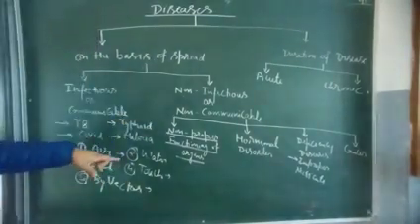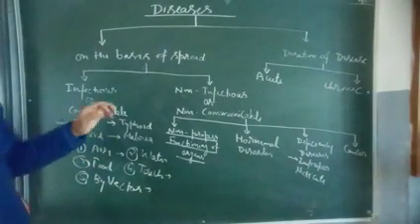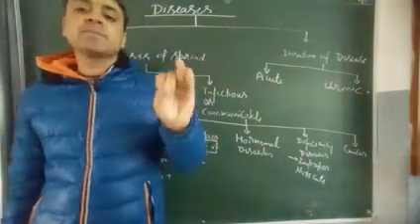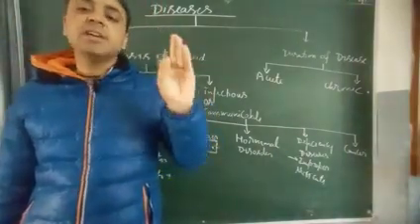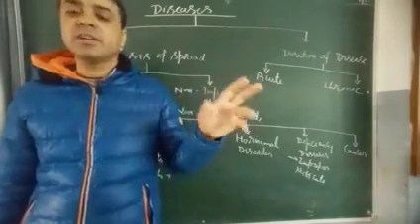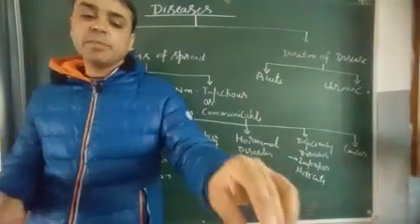Suppose it is asked, name some diseases caused by air, then you have to write from there. So you have to learn the type of diseases, their mode of transmission and their causative agent, whether it is caused by bacteria, virus, protozoan or any other type of pathogen. Okay students, so revise this topic properly.